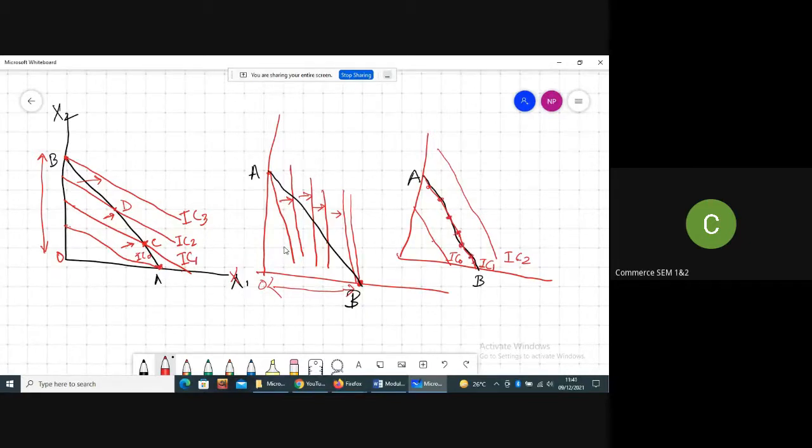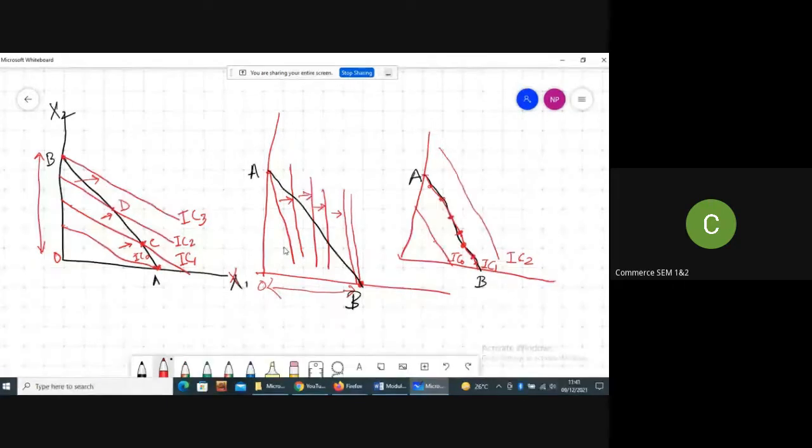So any point can be the equilibrium point. So equilibrium is indefinite in this case. You can purchase at point A or point B or point C or point D, where he wants. Anywhere. Got it? Anywhere.